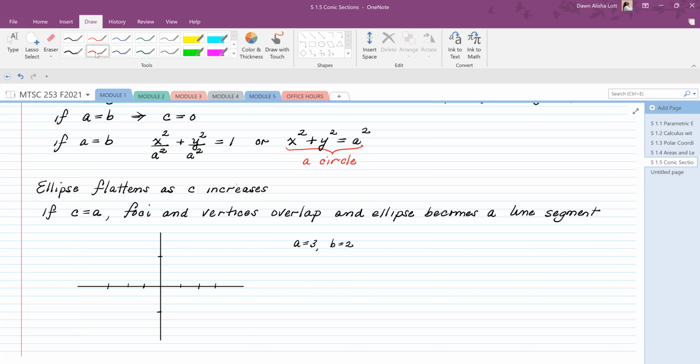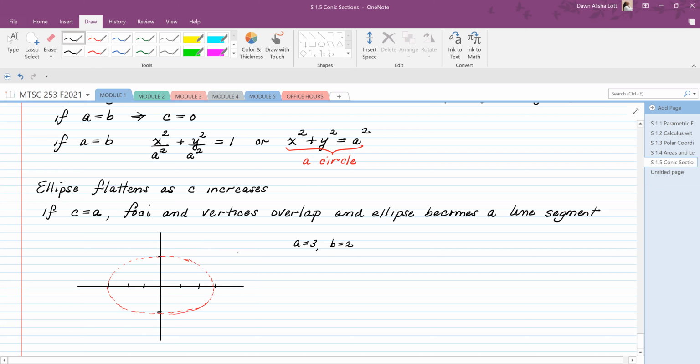So we end up with this ellipse. Whoops. Okay, so that's my ellipse.